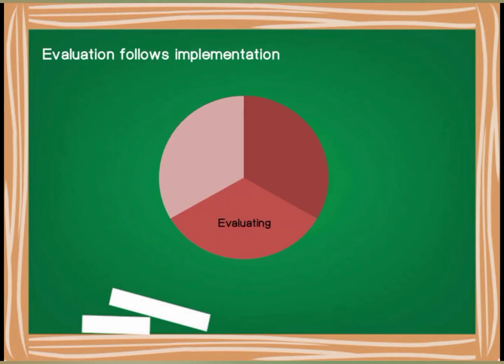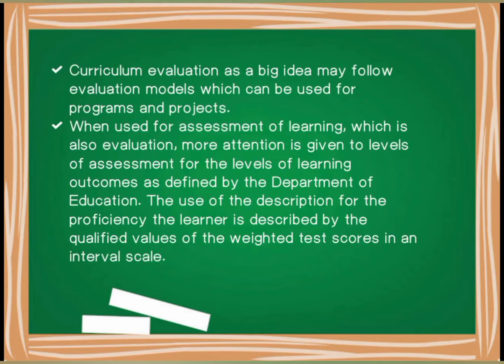Evaluation follows implementation. The focus of the chapter is evaluation after planning and implementation were done. It is very necessary to find out at this point if the planned or written curriculum is implemented successfully and the desired learning outcomes were achieved. Curriculum evaluation as a big idea may follow evaluation models which can be used for programs and projects.